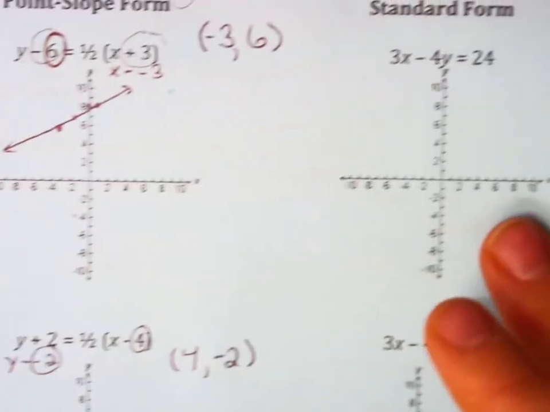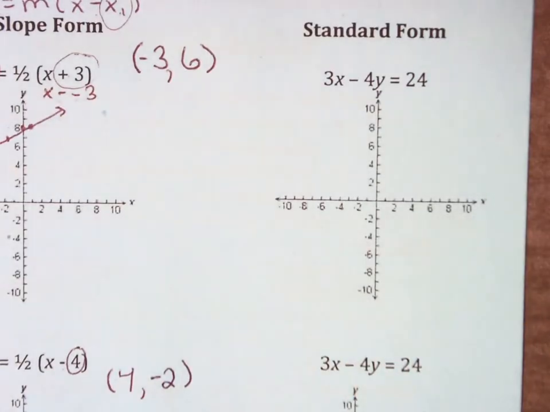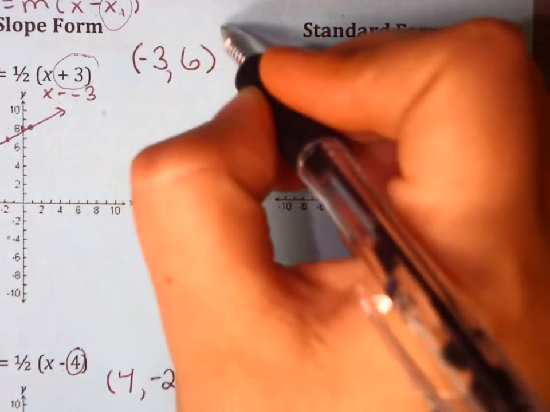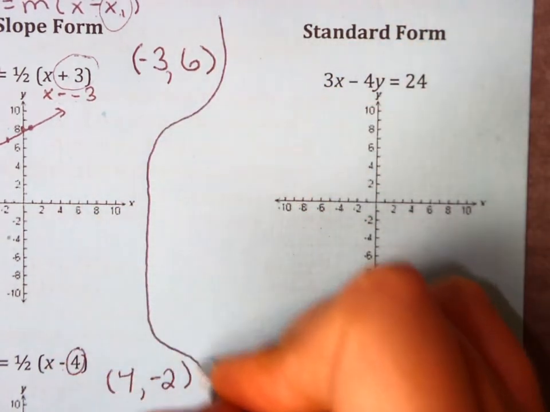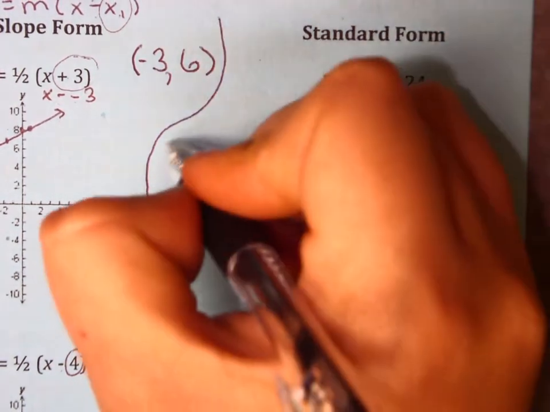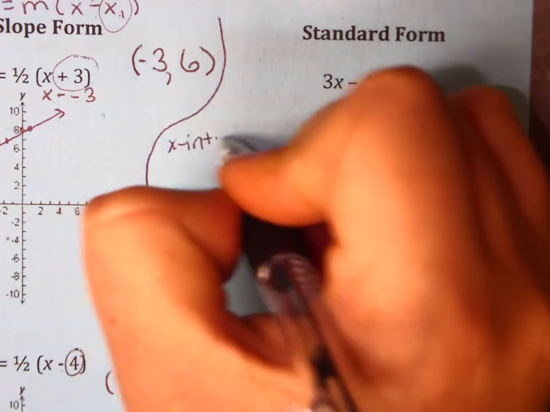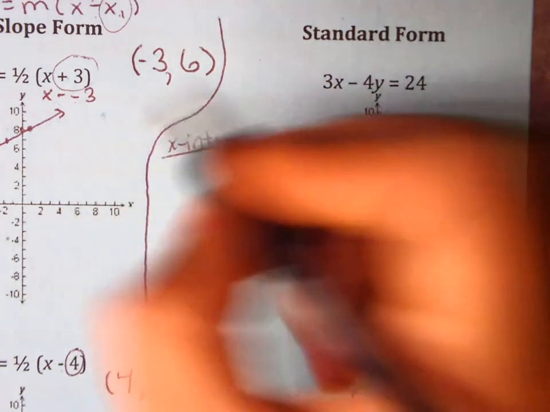To graph an equation in standard form, we don't have a slope, but we can pretty easily get 2 points. And all you need is 2 points to graph a line. So I'm going to find the x and y intercept, and those will be my 2 points. So if I separate this a little here, to get the x-intercept, I put in 0 for y.